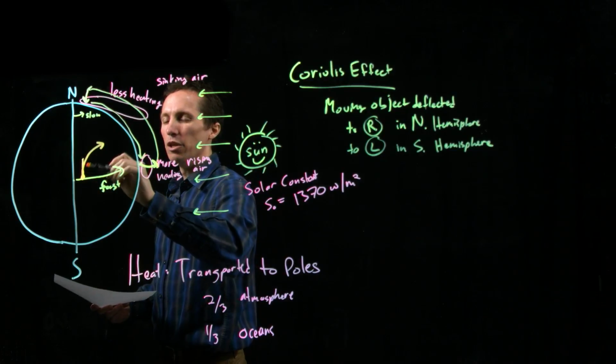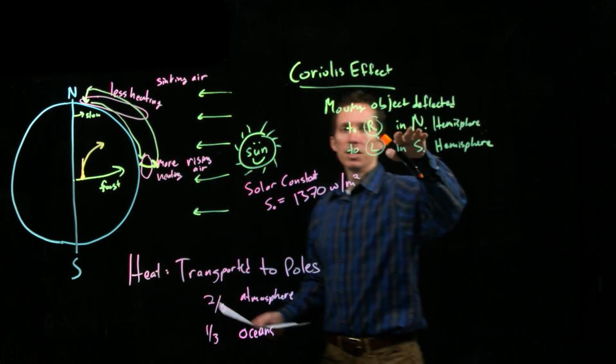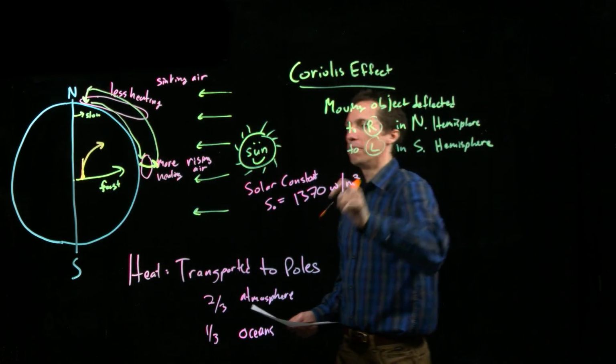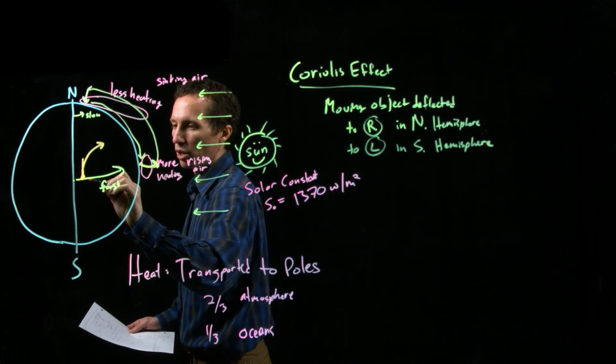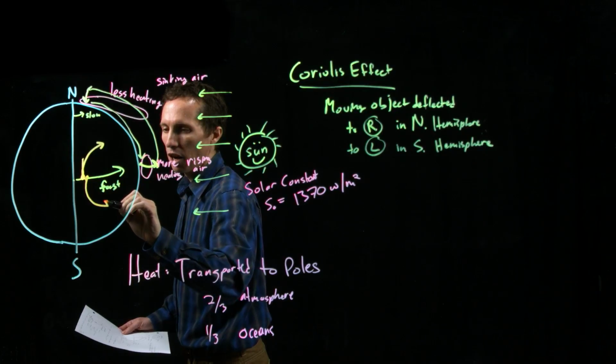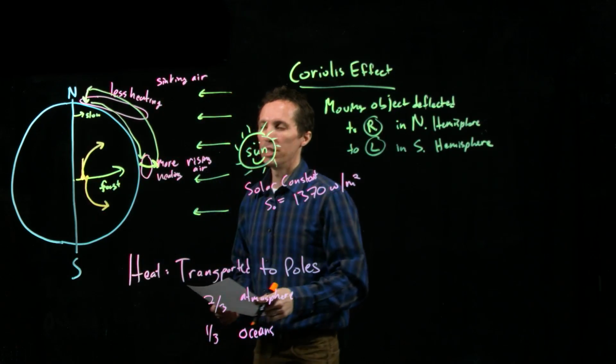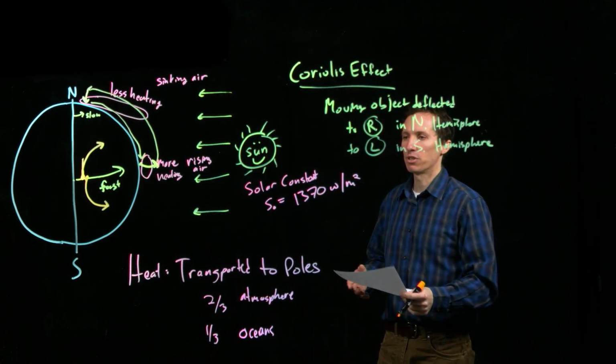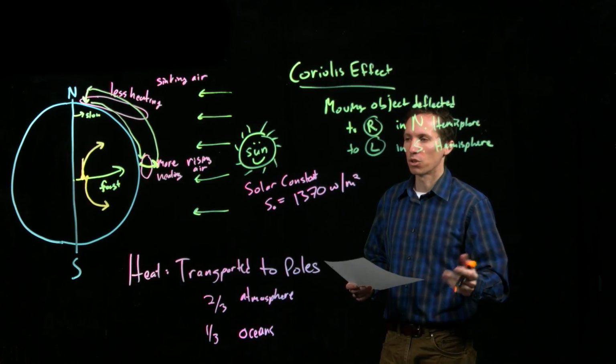And so in the northern hemisphere, these objects are deflected to the right, and in the opposite manner, in the southern hemisphere, objects or moving fluids such as the ocean or atmosphere are deflected towards the left.